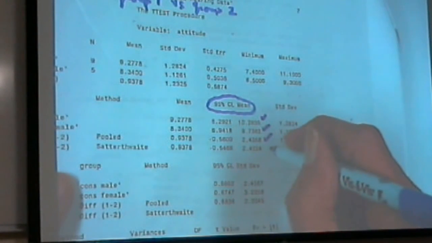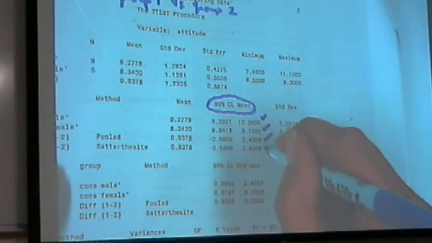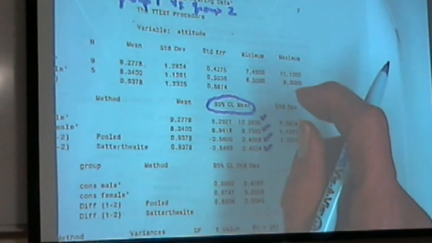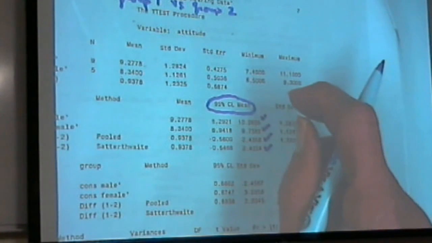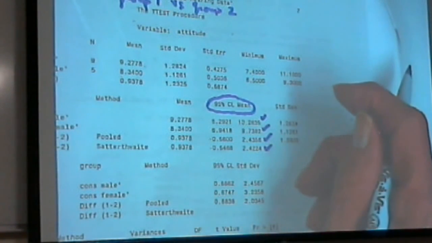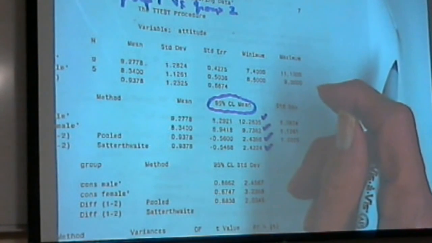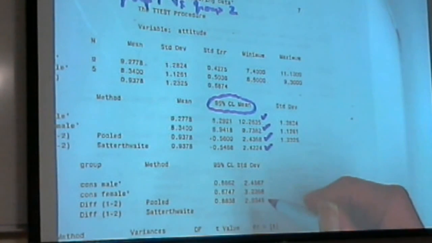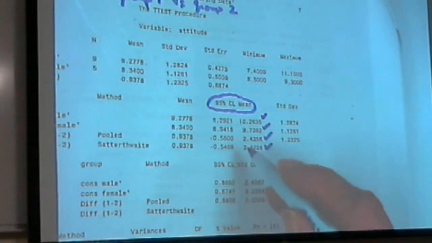And then it gives us 2 confidence intervals on the difference, one based on the pooled t-test, and the second one, as you see with the Satterthwaite name, that's the formula assuming unequal variances, estimated degrees of freedom and all that. So there are confidence intervals of two types for the difference.